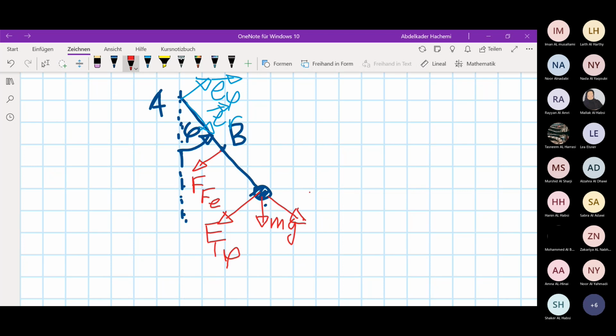I put it in absolute value as it's against the direction of R. Normally it should be in this direction, but I put it in absolute value so that you know it's positive in this direction. And here I have the D'Alembert inertia forces.